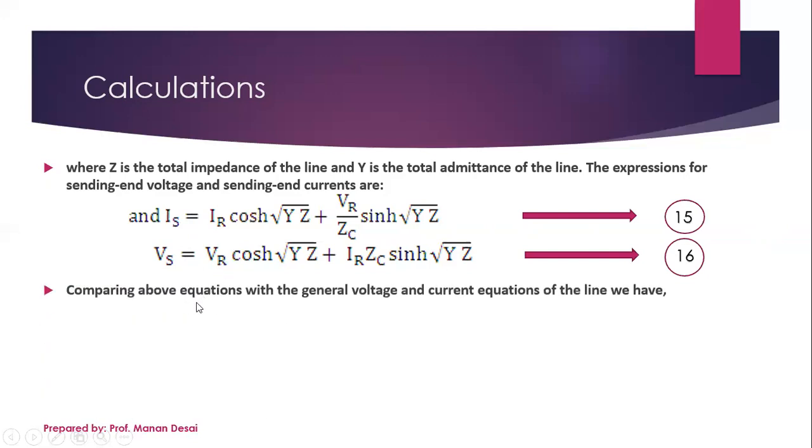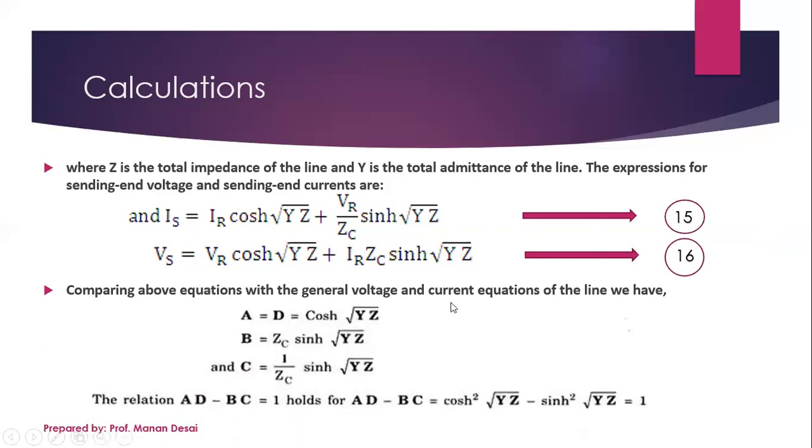Comparing the above equations with the general voltage and current equations of the line, we have the ABCD constants as per our conditions. What is our condition? The condition is A is equal to D. Parameters A and D are both the same.